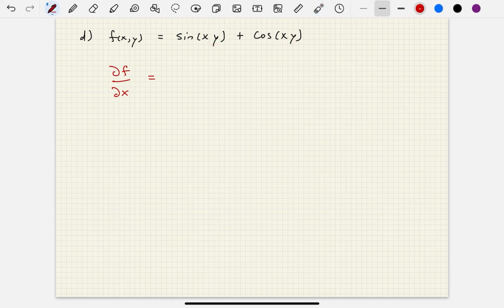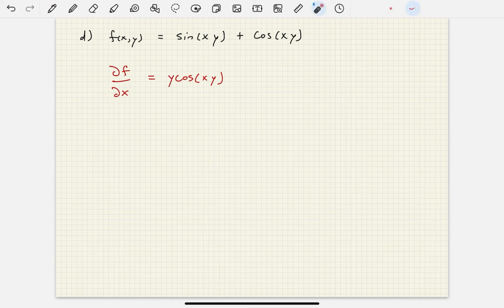So what's the derivative of sine? Well, first derivative of sine is going to be cosine. So this is going to be cosine of x times y. But remember, you've got the chain rule that comes into play here, because y is treated as the constant right now, so that y is going to come out in front.